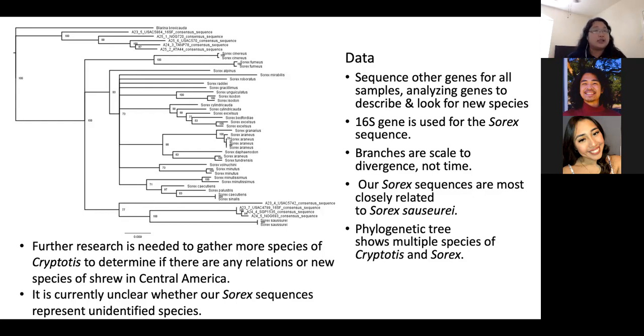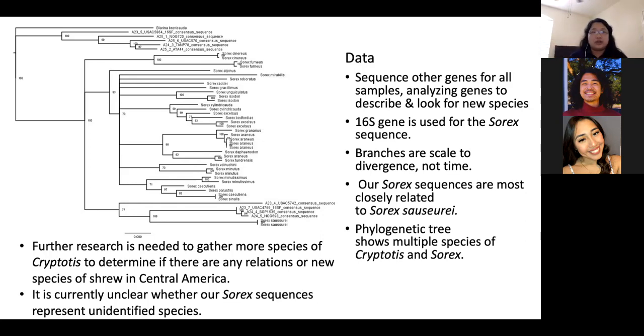Our data consists of Cryptotis, and at the very bottom of this phylogenetic tree, it shows our Sorex sequences. Because the Sorex sequences are very unique, they are most closely related to Sorex saussurei, but we can't really classify the sequences as being this species specifically.